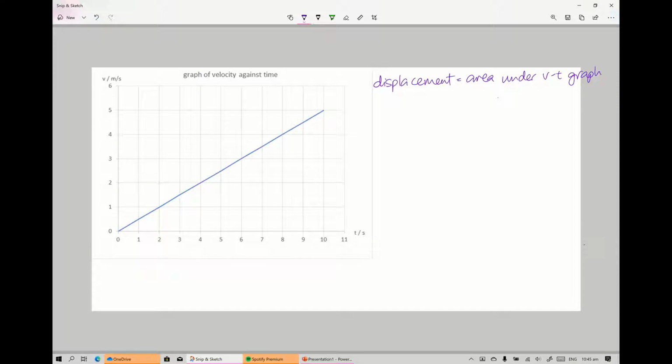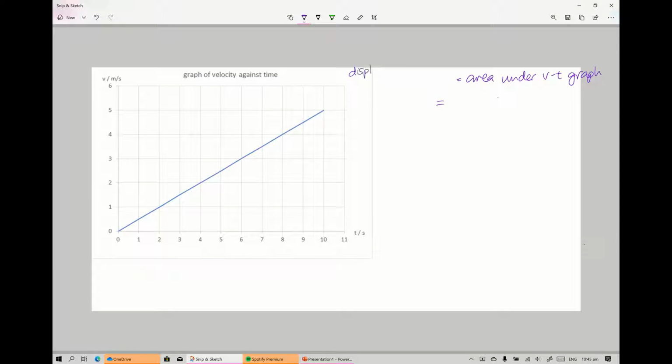Don't be confused by the word area, because that's just determining using the shape of the graph. It's not the area of the object, it's just the shape of the graph. So we're going to be more specific. We're not just going to say displacement.